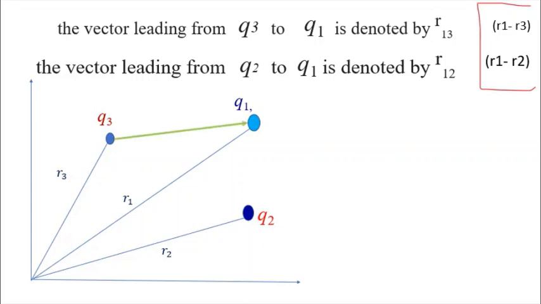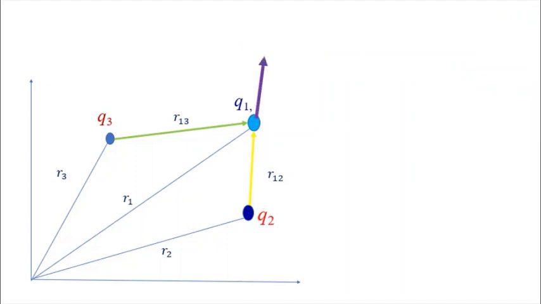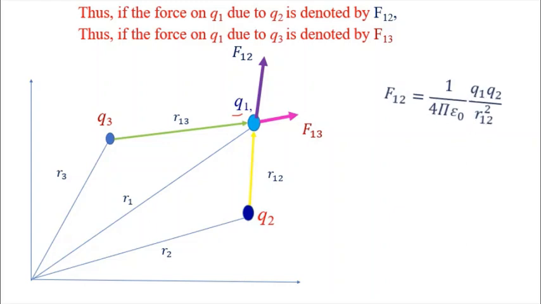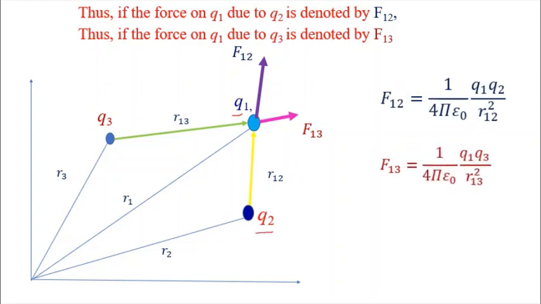The vector leading from Q3 to Q1 is R13. The vector leading from Q2 to Q1 is R12. We are going to find the force on charge Q1 due to charges Q2 and Q3.